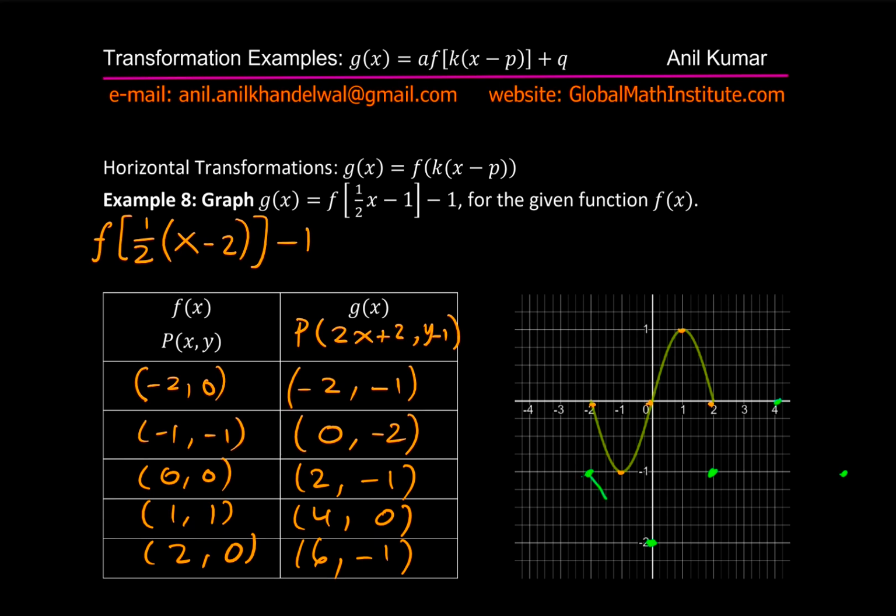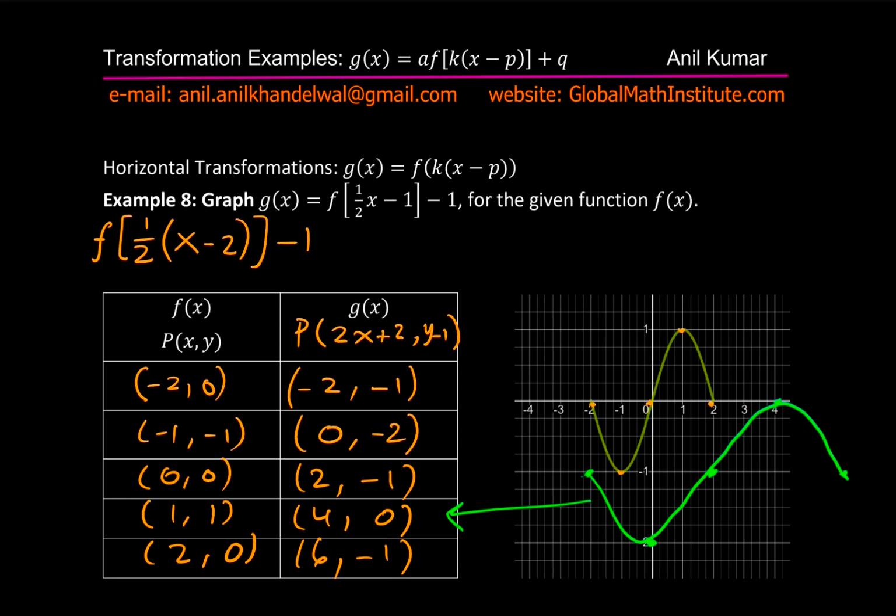So you can connect these points and sketch your graph. So that becomes your result. Do you see that? I hope it makes sense. You could also confirm this using transformation, right? But this is simpler in this particular case. So apply any method.